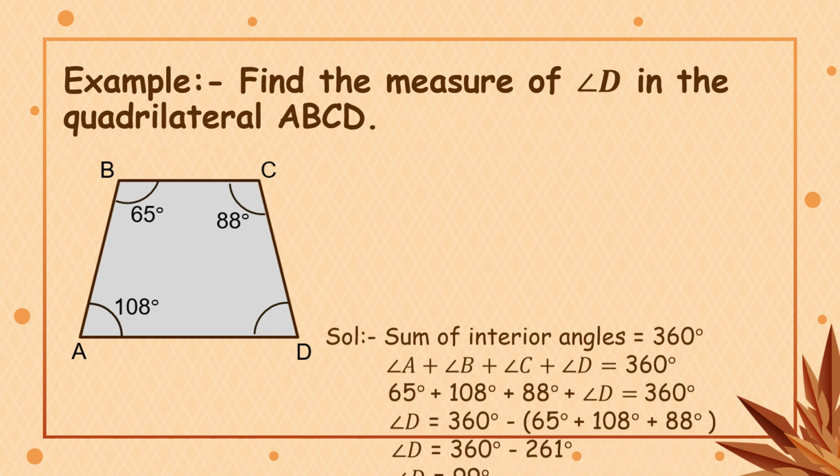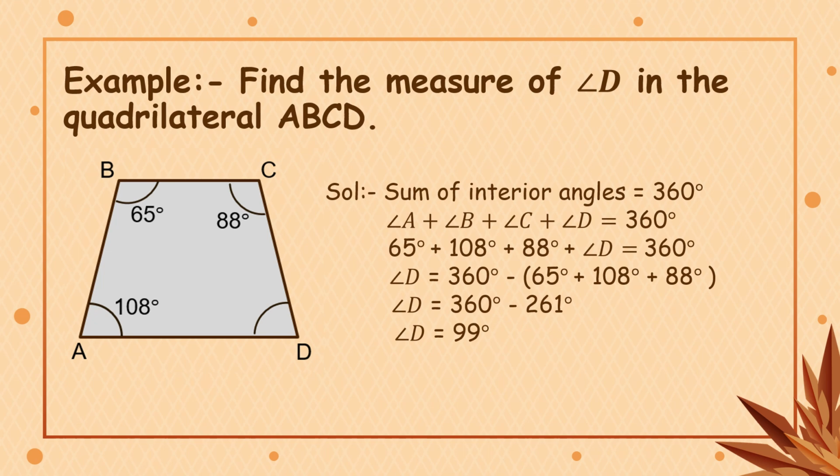Yes, 360 degrees. So the solution is: the sum of the interior angles of a quadrilateral is equal to 360 degrees. Just add those four angles, equal to 360 degrees, and take the sum of the given angles and subtract it from 360 degrees to get your missing angle, angle D.